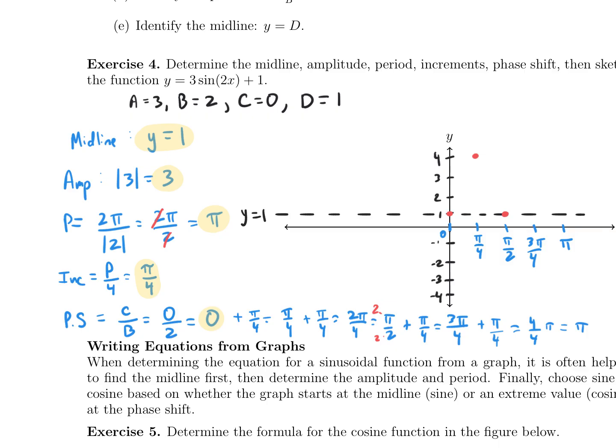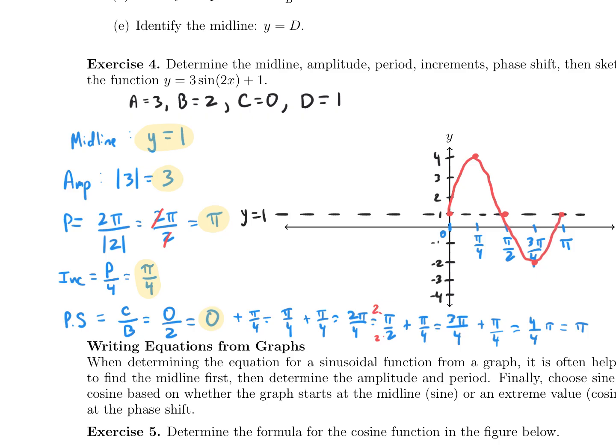If you go down 3 units from the midline, it would be 1, 2, 3. So you'd be at negative 2, actually. So I'm glad I caught that. And then back to 0. So you should be going up from the midline 3 units, and then from the midline down 3 units. All right, and then you just connect those points in a nice smooth curvy line. And there it is.